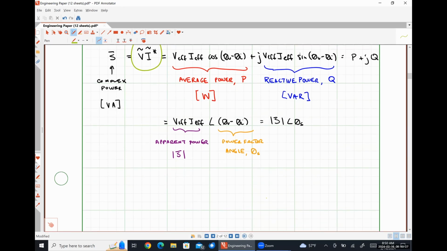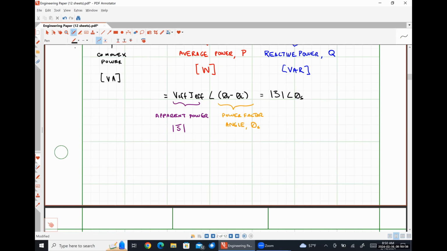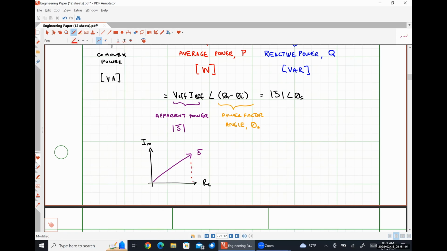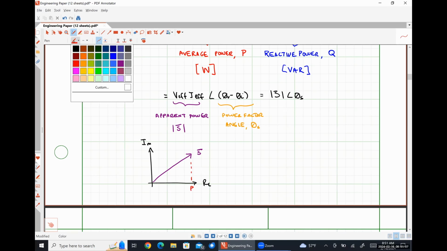All of these different quantities can be related to each other through a handy graphical tool, which is called the power triangle. In our power triangle, that is just a plot of our complex power on an imaginary plane. We have our real axis over here, our imaginary axis on top, and we'll have some complex power S. The projection of S onto the real axis is our average power.